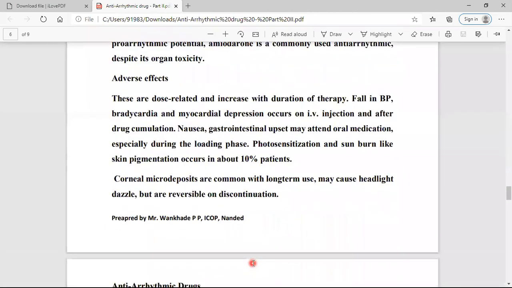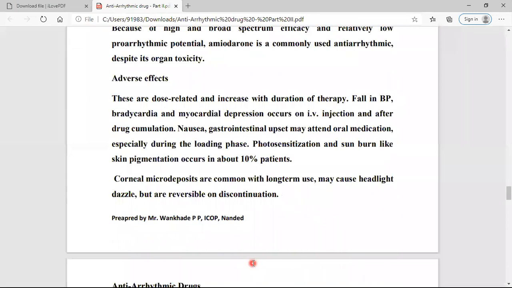Now this term, the corneal micro deposit. What is a corneal micro deposit? It is the secretion of this amiodarone drug by the lacrimal gland. This lacrimal gland secretes the amiodarone drug with accumulation on the corneal surface. Accumulation on the corneal surface is called the corneal micro deposit.